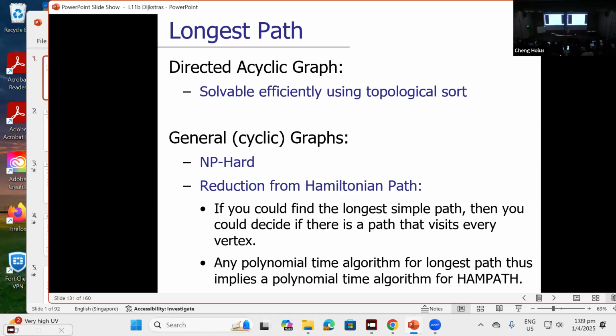Does it make sense? The Hamiltonian path problem is I want to find the longest path in that graph and see if it's equal to the number of vertices. If I can solve the longest path problem in any graph, I can solve the Hamiltonian path problem. So sorry, I'm not that smart, okay? So that's why the longest path problem is also NP complete.